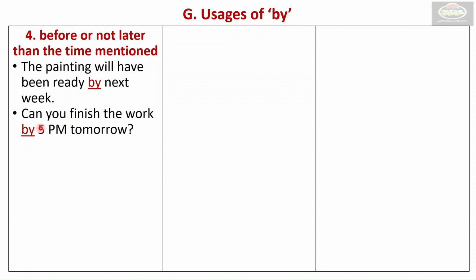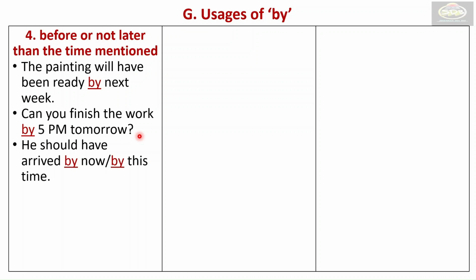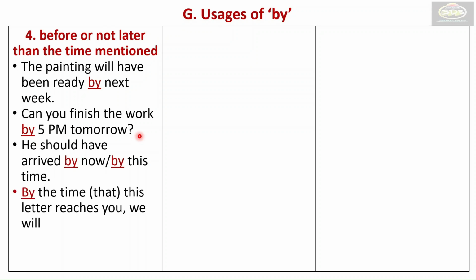Next example, can you finish the work by 5 p.m. tomorrow? He should have arrived by now, by this time. By the time this letter reaches you, we will have left the country. Before or not later than the time mentioned in the sentence.